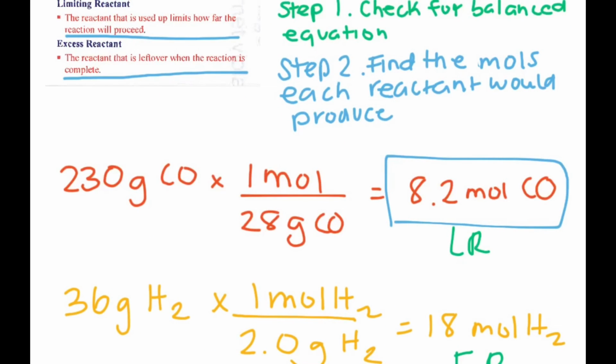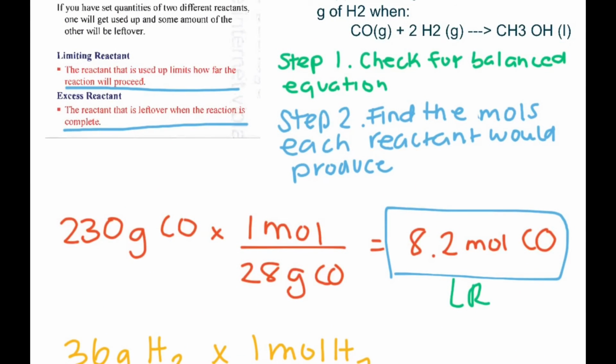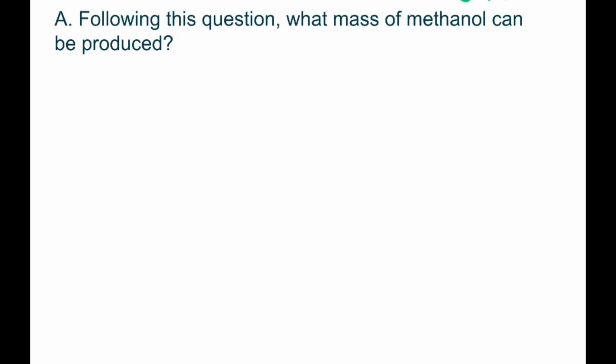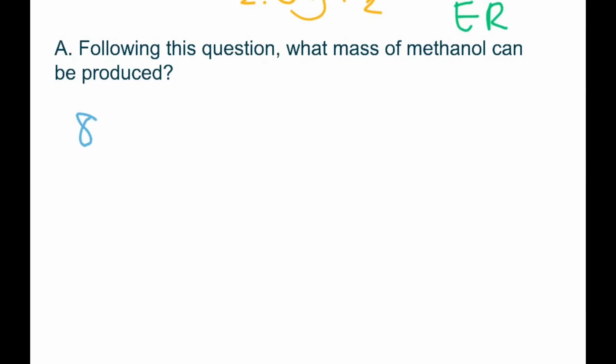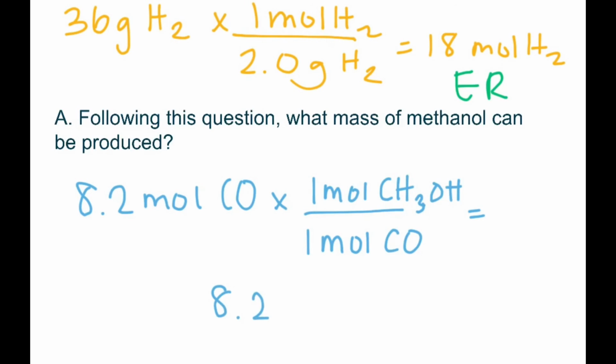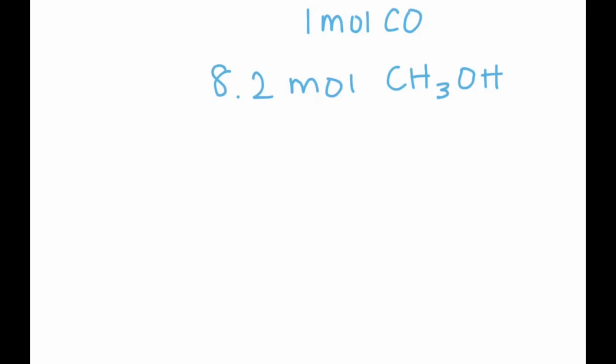So now if a question were to ask you what mass of methanol can be produced, you already know the limiting reactant. So now you can find the mass of methanol, which is the CH3OH. To do this, you take the limiting reactant, which you found to be 8.2 moles of CO, and use it to find the amount of moles in methanol. This gives you 8.2 moles of CH3OH. From here, you use the moles of methanol to find the grams of methanol produced by the reactant.